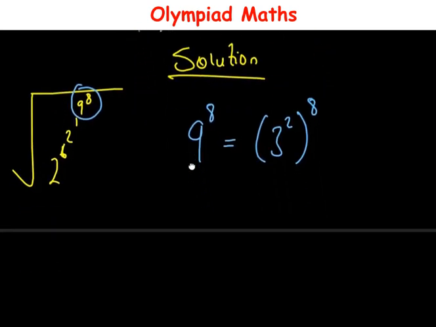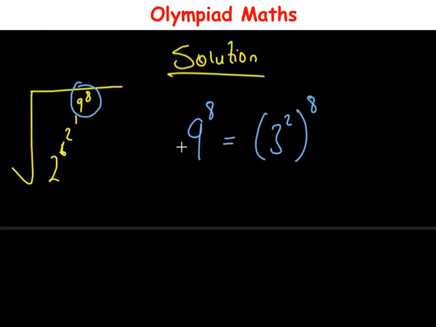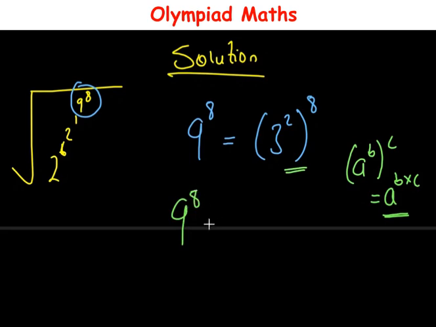From here, if you apply this rule of indices, that if you have in brackets a raised to power b, all raised to power c, this equals a raised to power b times c. Applying this, 9 raised to power 8 then equals 3 raised to power 2 times 8, and 2 times 8 is equal to 16.